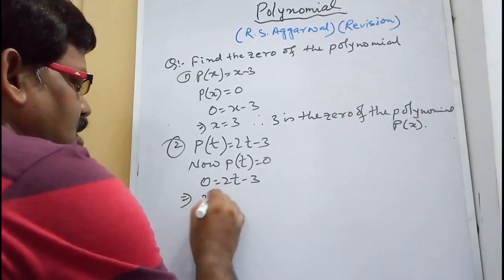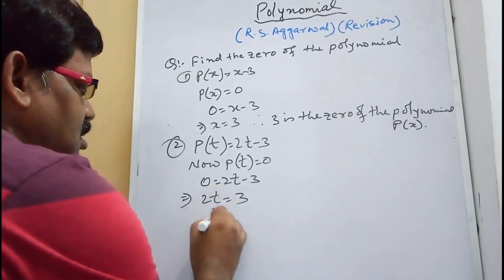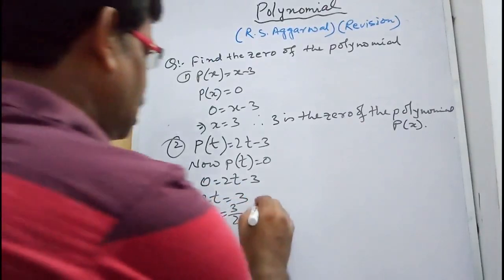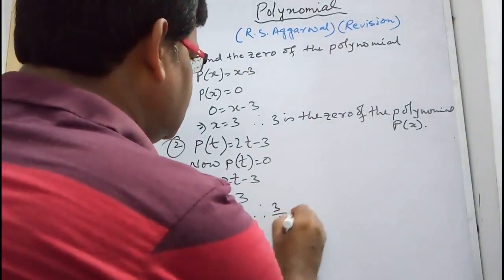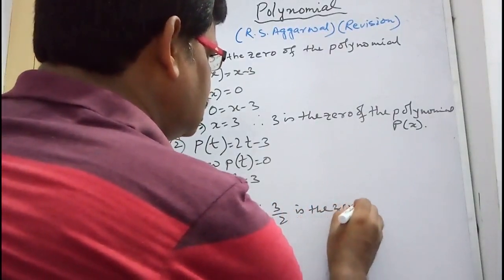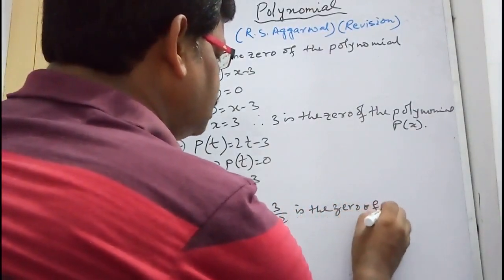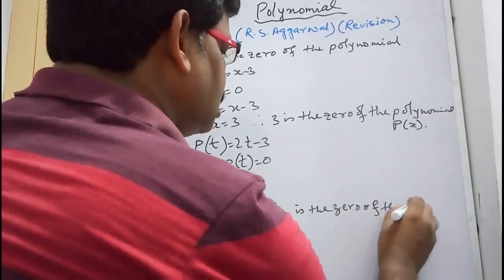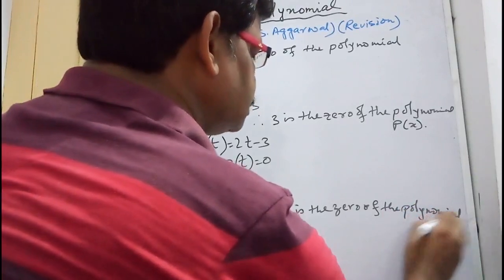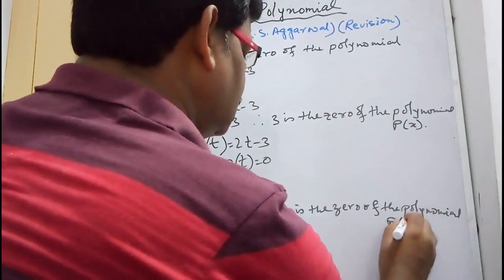So 2t equal to 3, t equal to 3 by 2. Therefore 3 by 2 is the zero of the polynomial p(t).